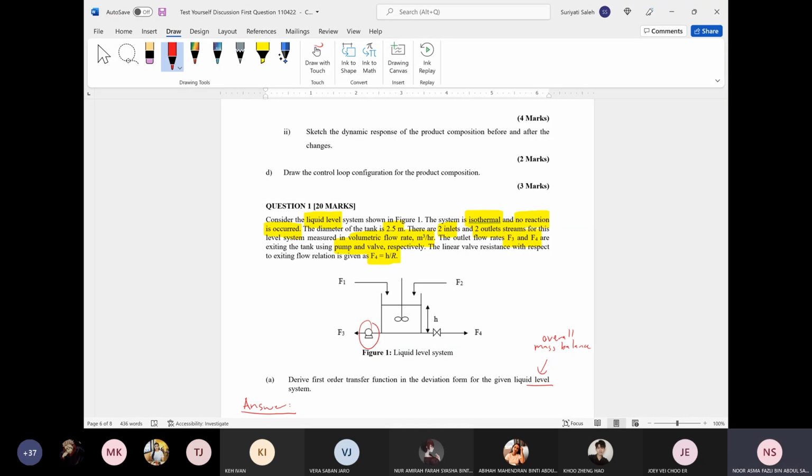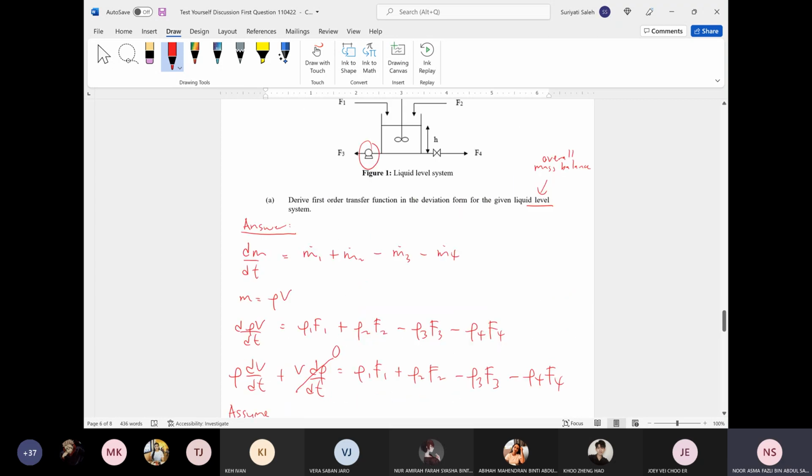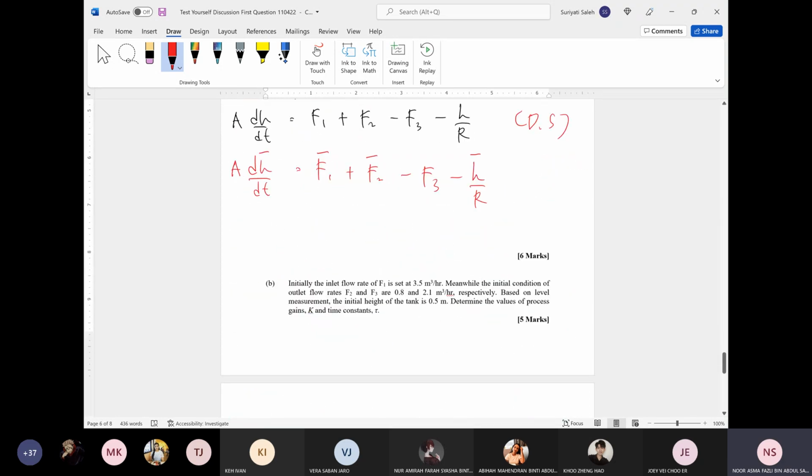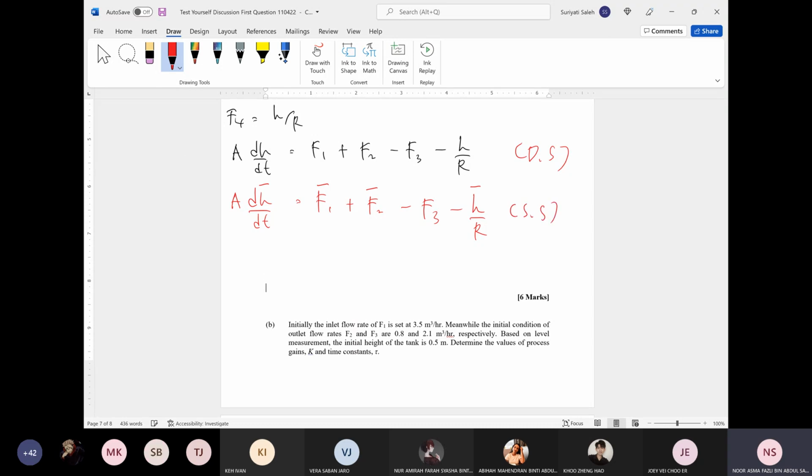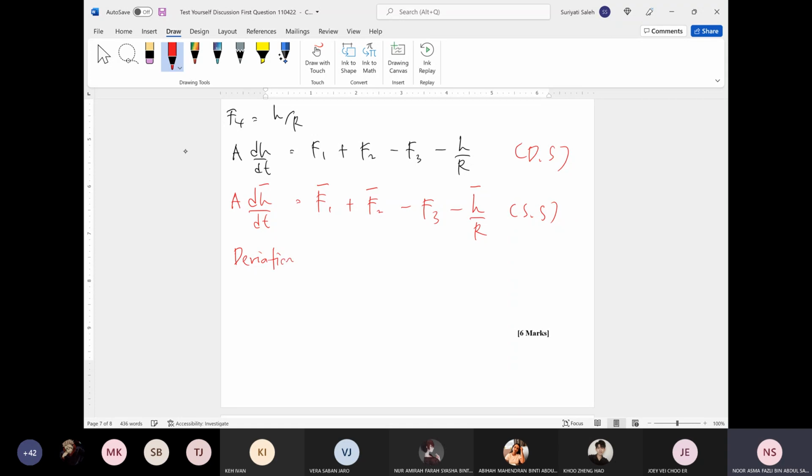When it is conducted at a fixed value, you don't have the F3 bar, because F3 becomes constant. So here F3, you don't have any bar. Then this contributes to the following deviation form.